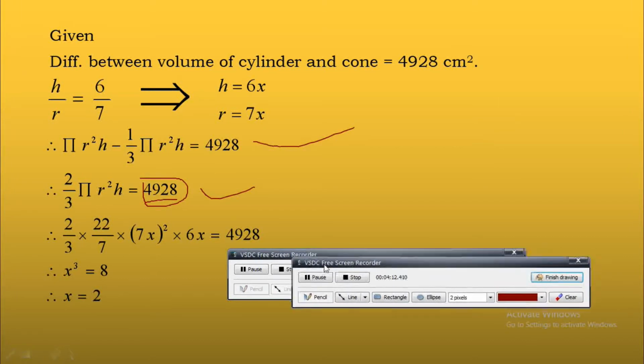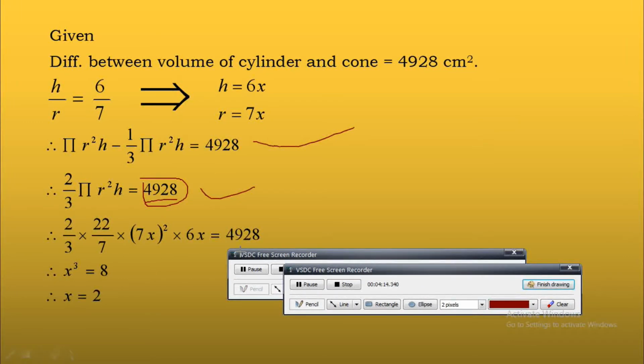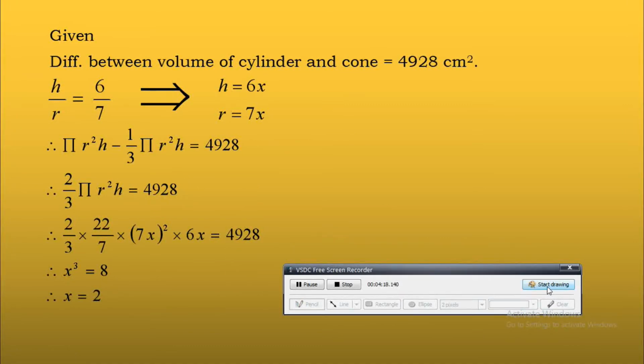Substituting the values for h and r in the equation, this 7 is cancelled here. This becomes 49 as it is squared, and this 7 will cancel with this 49, and we'll get 7 here.